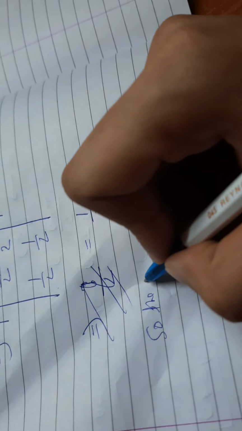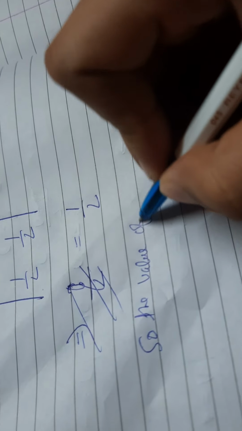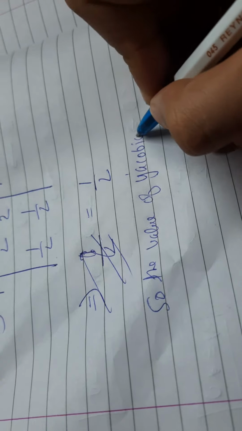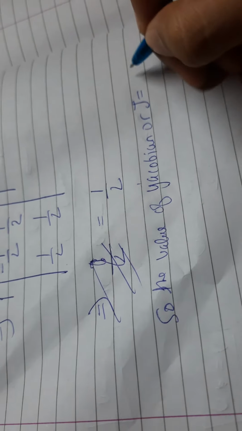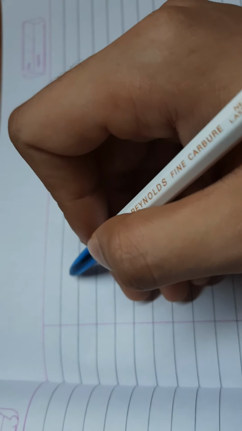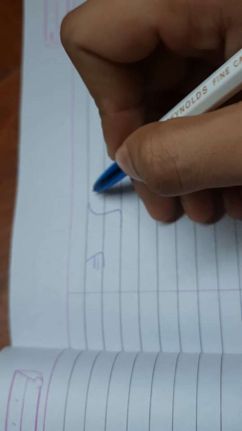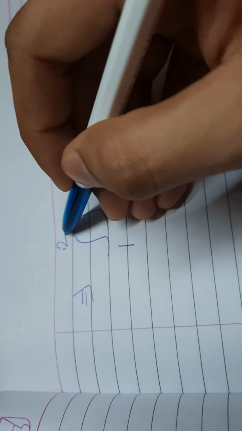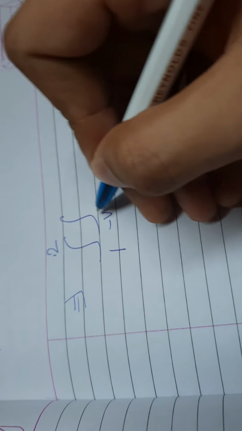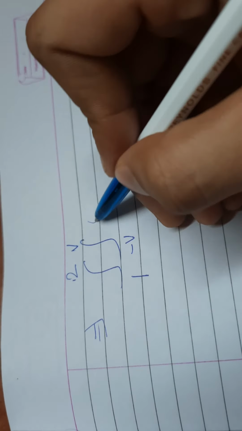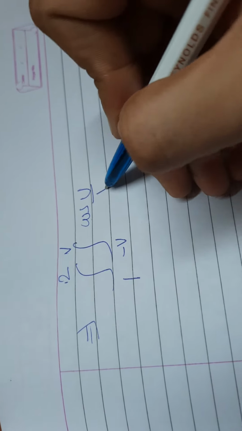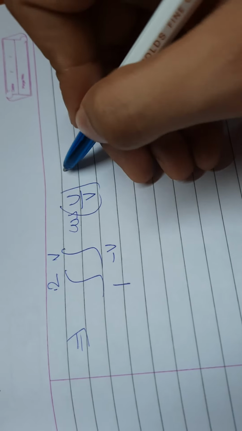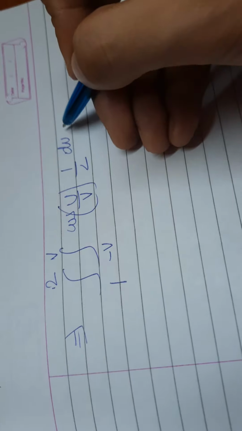So the Jacobian J equals half. Now substituting in the integral, we have the integral from 1 to 2, and minus v to v, cos(u by v) into half into du into dv.